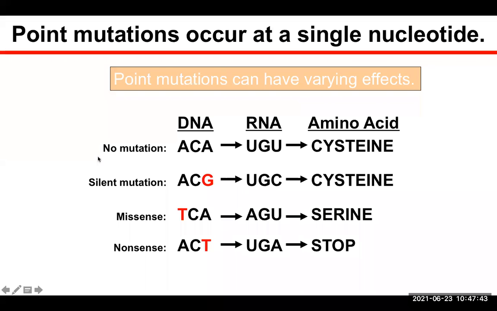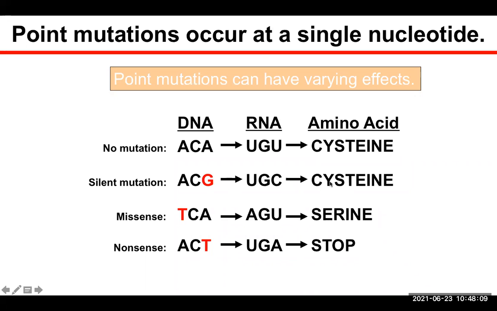So here we'll take the example of ACG. In this fragment that has no mutation, it'll get converted to RNA and it'll encode for cysteine. Now we have this other kind of mutation called a silent mutation. Basically, with these kinds of point mutations, one of the letters is changed, but it still encodes the same protein.